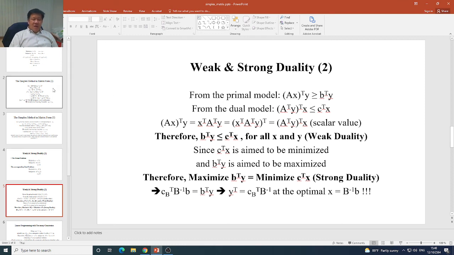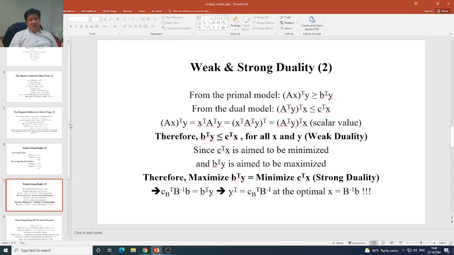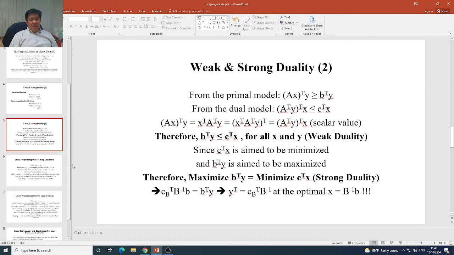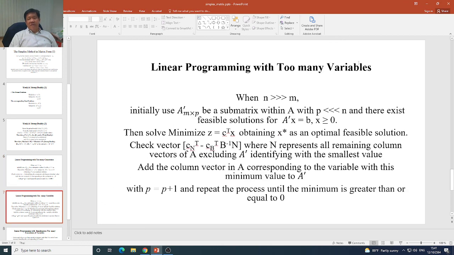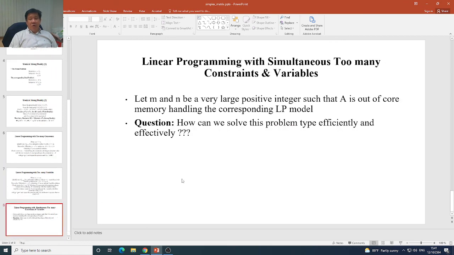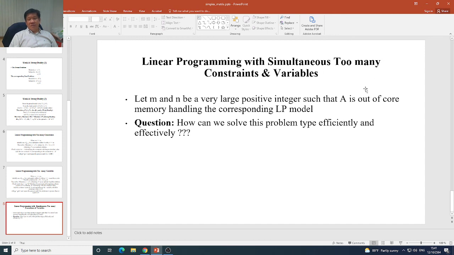We will use this type of notation and idea in the next script, and we will go back to illustration by example on the Excel platform and MATLAB platform. This is a topic that we will discuss in the next script: linear programming with too many constraints, or too many variables, or both simultaneously.